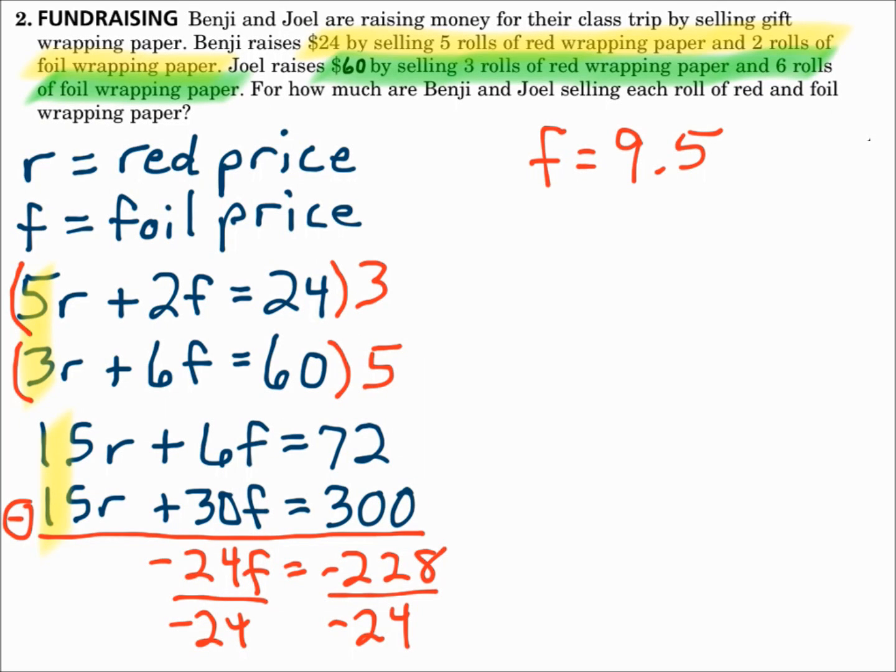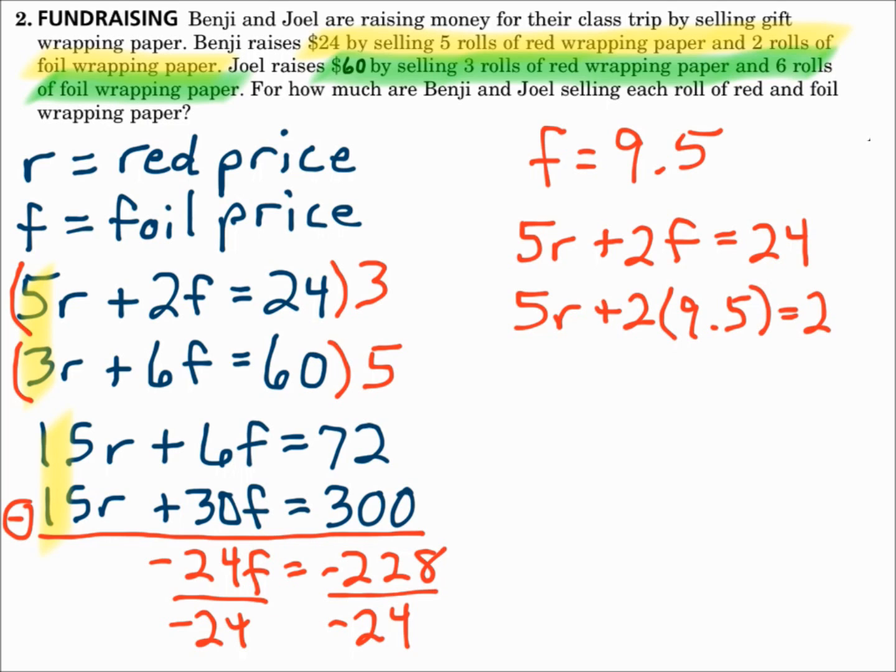Now substitute 9.5 for f into either equation. Let's use the first equation. 5r plus 2f equals 24. F is 9.5, so substitute that in. 2 times 9.5 is 19.